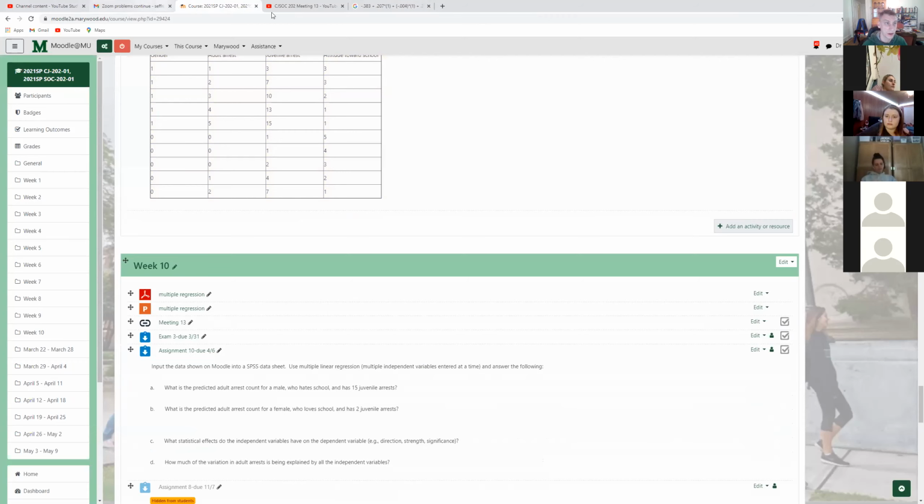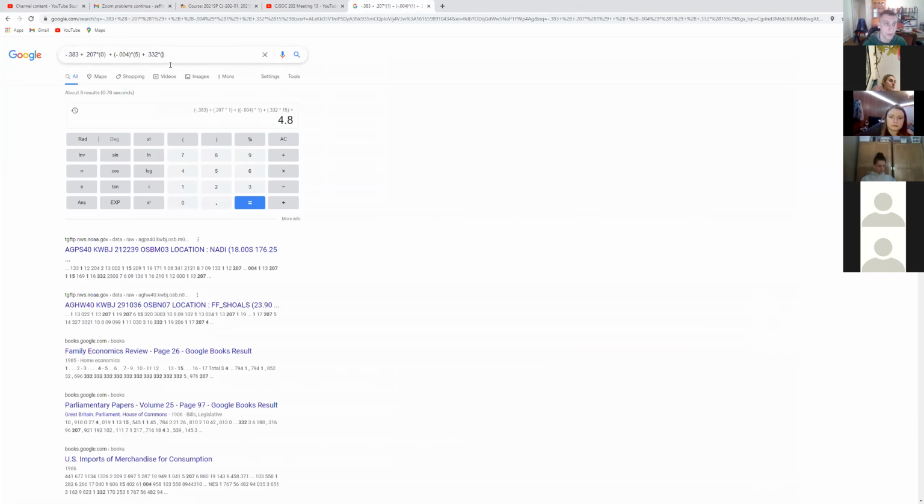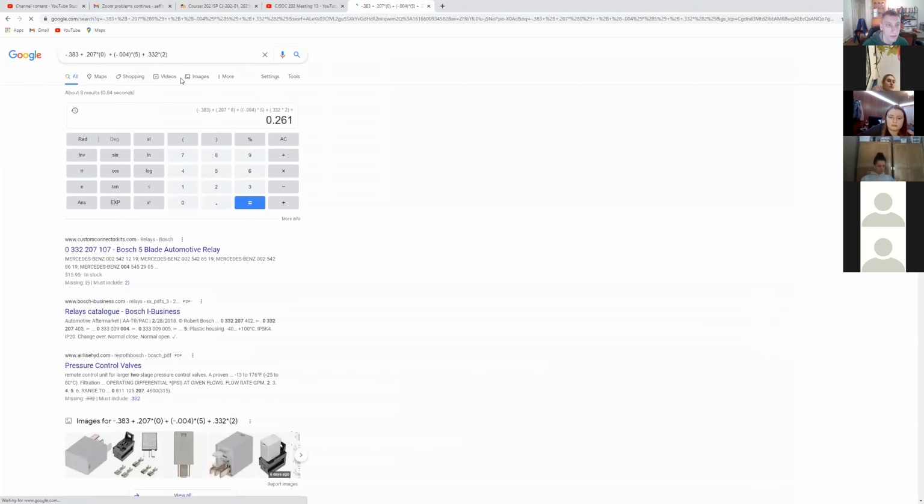Okay, folks. Okay, so an arrest count of less than 1 is expected for someone of that statistical profile for adult arrests.